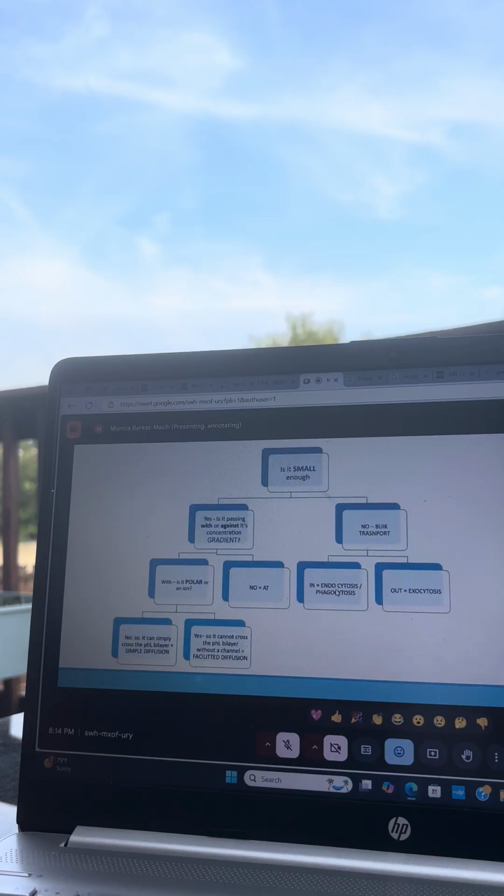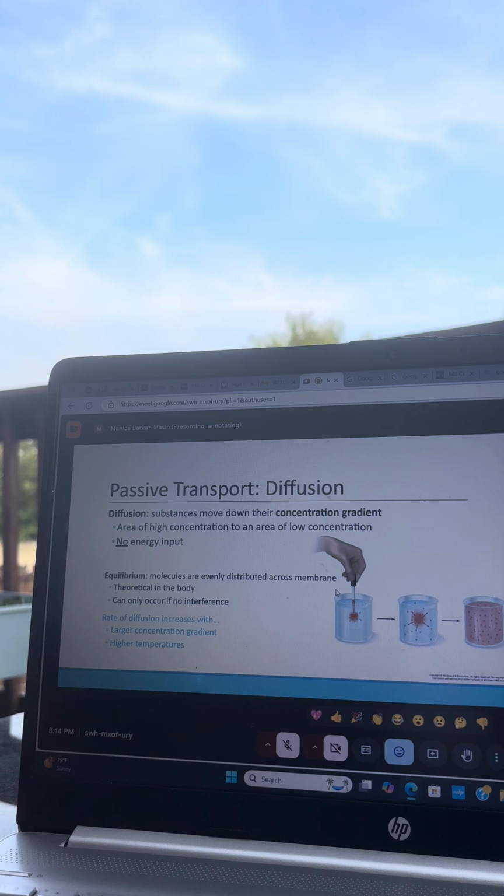So, what is happening in simple diffusion? Give me an example of simple diffusion. Could be like putting dye in water and watching the water or the dye spread out.